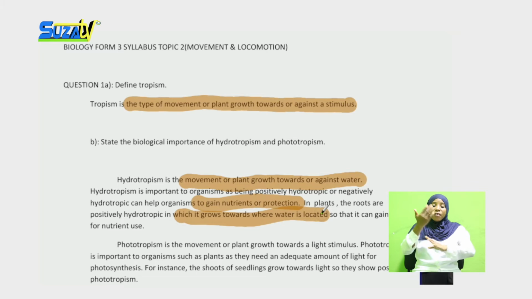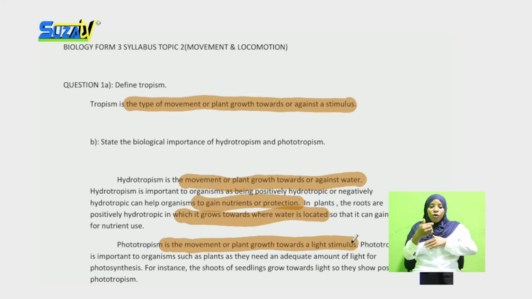And also, phototropism is the movement or plant growth towards a light stimulus. Phototropism comes from two words: photo, which means light, and tropism, which means movement. So phototropism is any type of movement or plant growth directed toward a light stimulus.